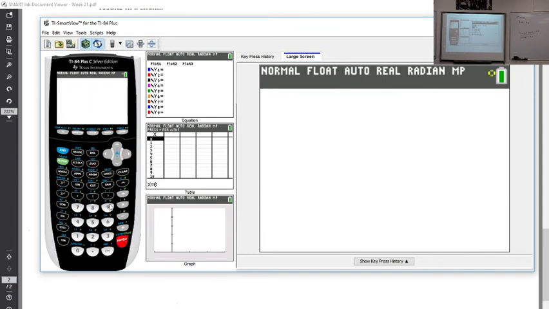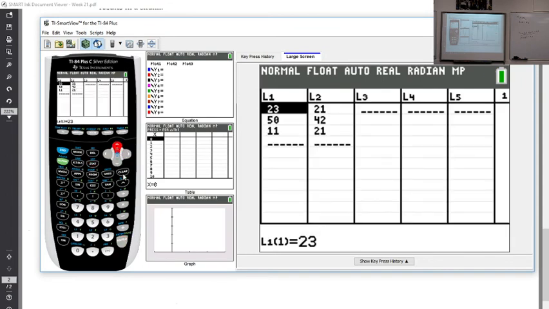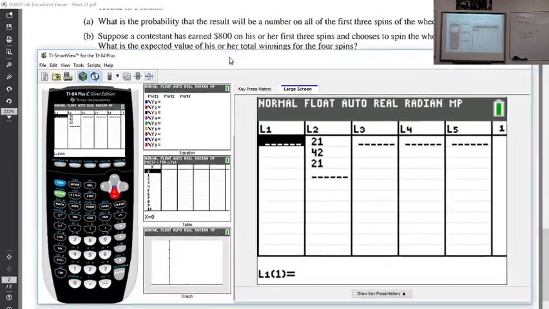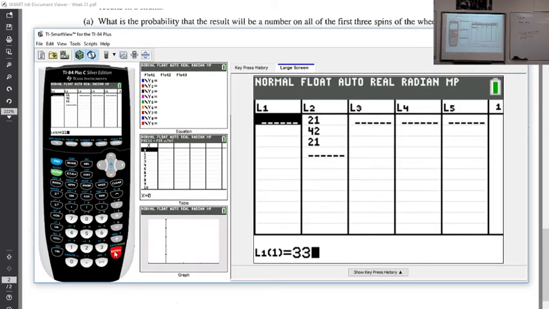Stat edit. Now my values that go in list 1 are 33, 21, 20, and 26. And while I'm doing this, you should be following along and making sure that you can get the chi-square statistic and the p-value and that kind of stuff ahead of me here. By this point, you should be able to do it on your own.